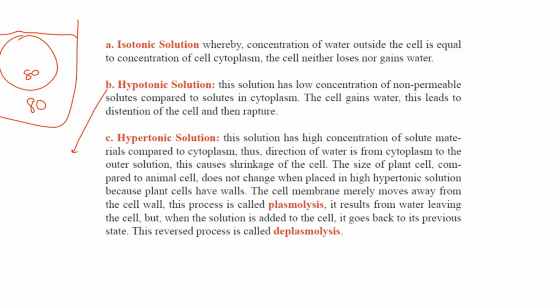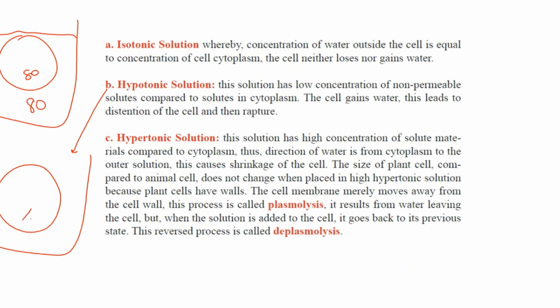In a hypotonic solution, this solution has a low concentration of non-permeable solutes compared to the solutes in the cytoplasm. So it means in the cytoplasm of the cell, dissolved material concentration is high, but water concentration is low.